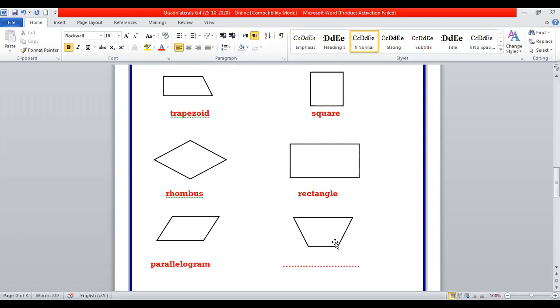Okay, and the last one. What is the name of this figure? Yes, Muhammad. Trapezoid. Yes, trapezoid. Thank you, Muhammad.